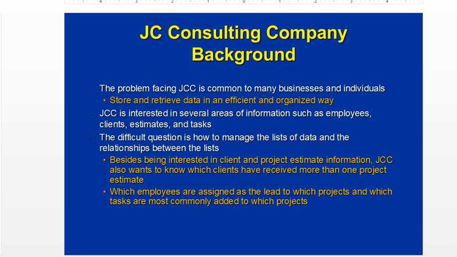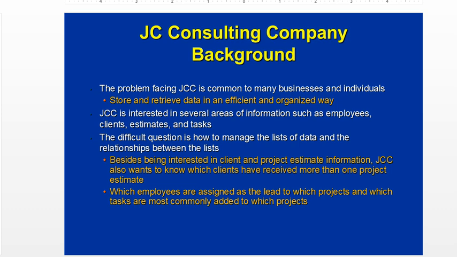So JCC is interested in several areas of information, like employees, clients, estimates, and tasks. The difficult question is how to manage the list of data and the relationship between the lists. With Excel, with spreadsheets in general, as wonderful an application as it is, and it has a lot of various tools in it that you can utilize, it's still limited on what you can and cannot do when it comes to utilizing and combining and connecting multiple tables together.